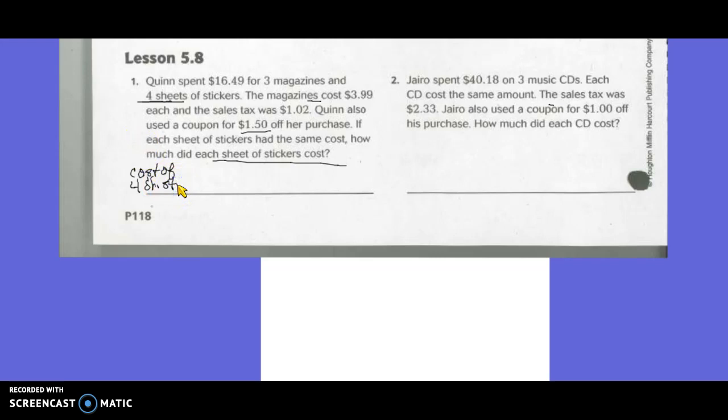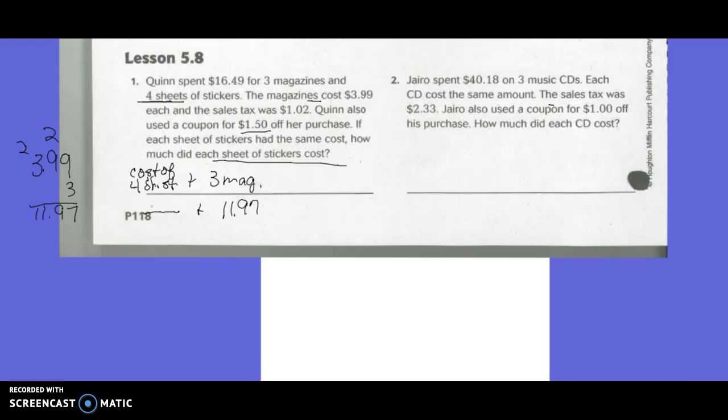Okay? And then to that, we are going to add our 3 magazines. And they are $3.99 each, so we're going to go over here and multiply that times 3. We multiplied our $3.99 times 3 and got $11.97. I'm kind of hurrying here because I'm going to run out of recording room.